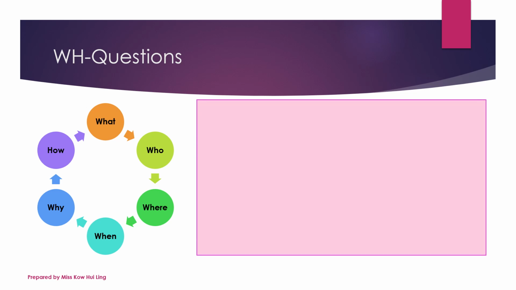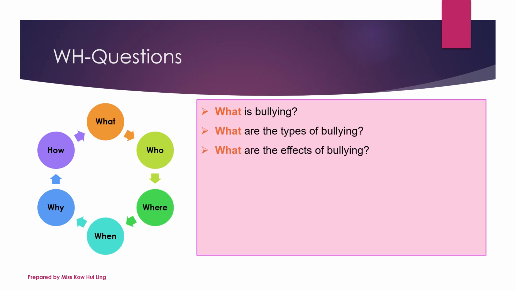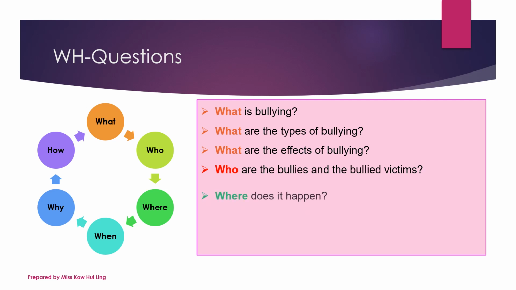For example, you can start your essay with something as general and as simple as what is bullying? What are the types of bullying? And what are the effects of bullying? You may also include who are the bullies and the bullied victims. Where does it happen and when does it happen?